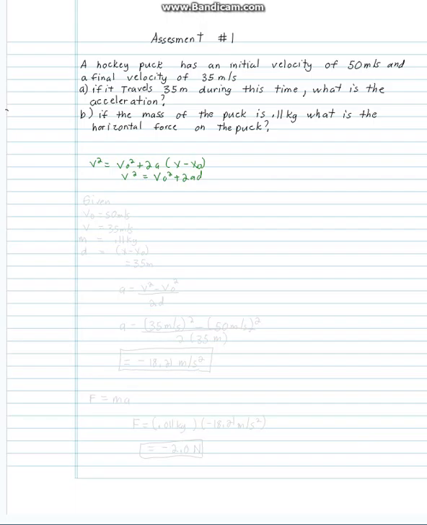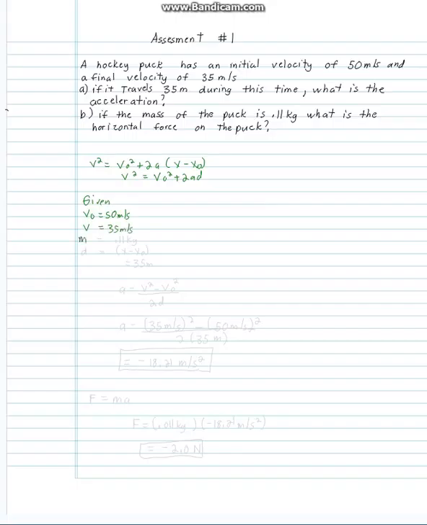So basically, with this problem we are given the initial speed, so we'll say here given v0 is 50 meters per second. Final velocity, or correction, final speed is 35 meters per second.